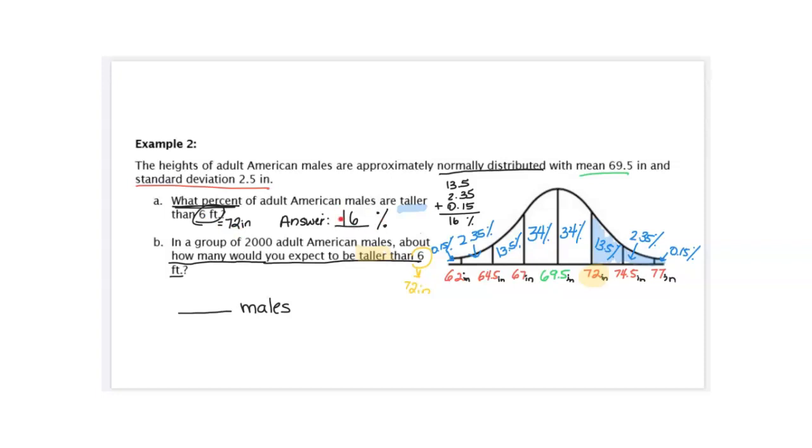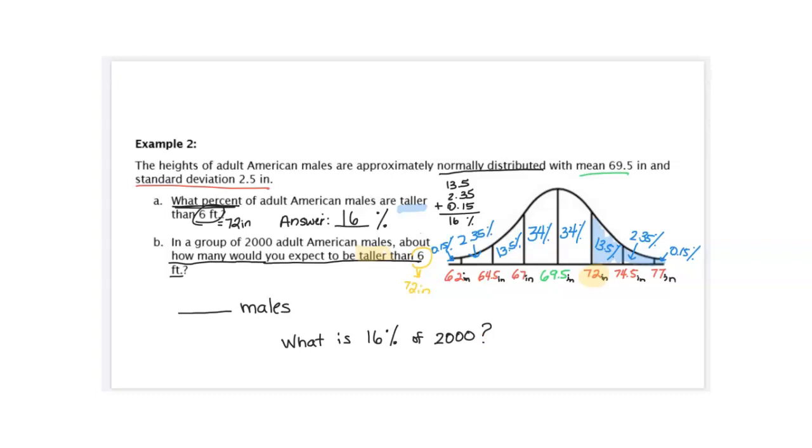So to figure out the answer, if we have a group of 2,000 adult American males, and we know that 16% of them are taller than 6 feet, then we're really looking to answer the following question: what is 16% of 2,000?